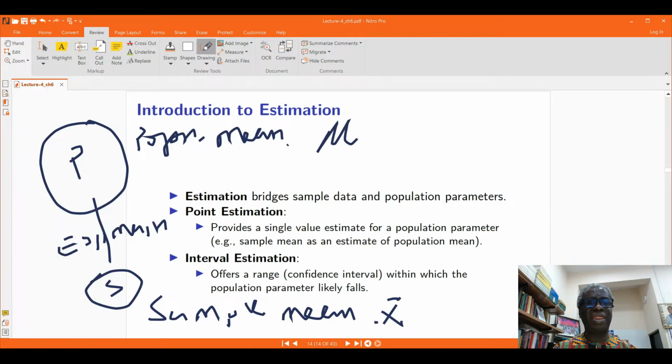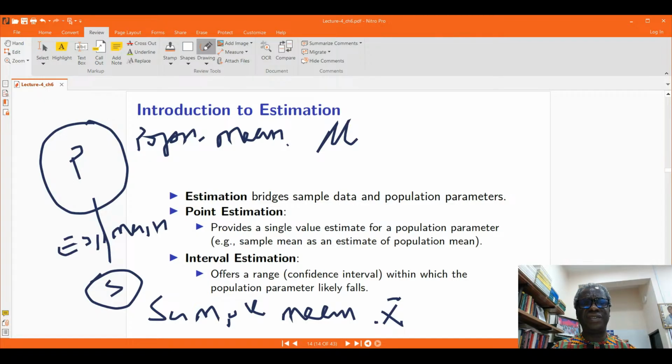In estimation, we go to the sample, compute the mean from the sample, and then use it as the estimate for the unknown population value.